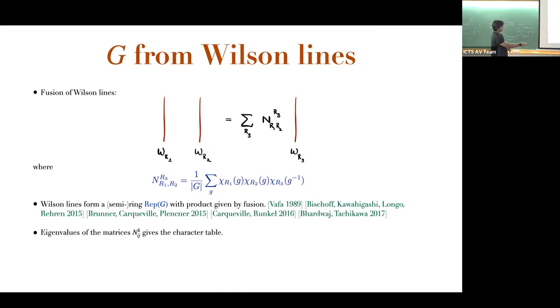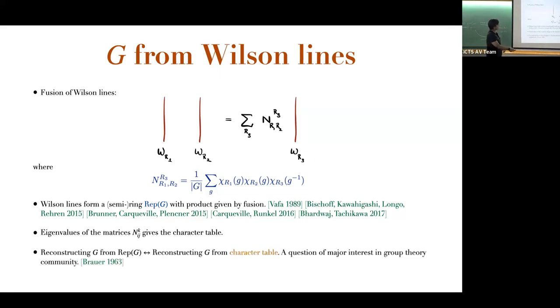Now, suppose we know these integers, we can find the eigenvalues of these matrices. If we fix R1, for example, it's a matrix with rows and columns labeled by R2, R3. We can find eigenvalues of those matrices and recover the character table. So this is a two-way street. We start from here, we can recover this. We can start from here, we can get this. So the information in these integers and the character table is the same. We can go between them.